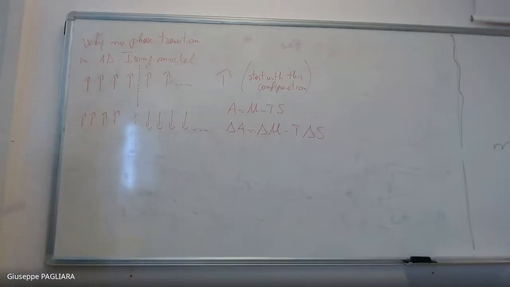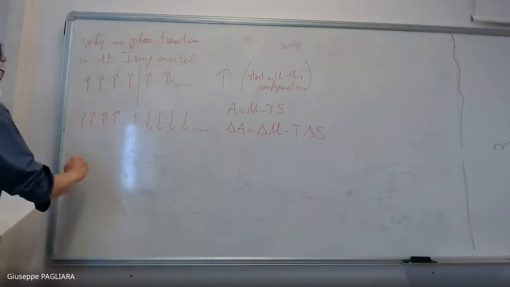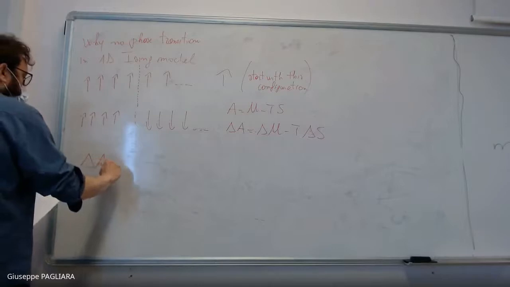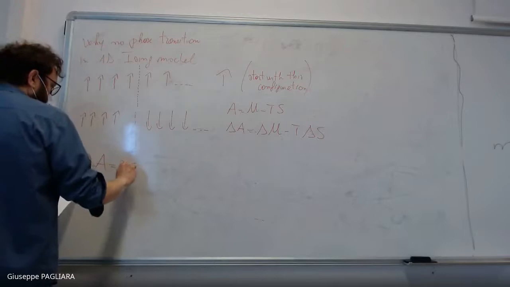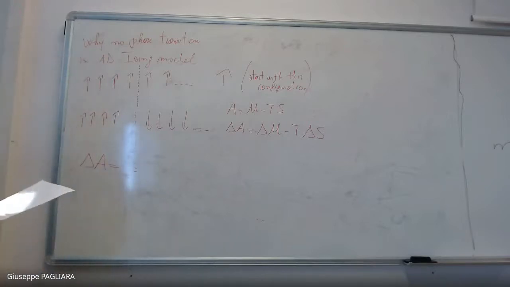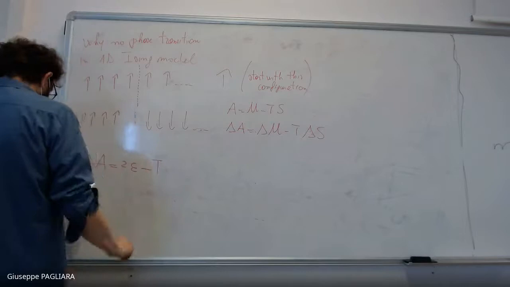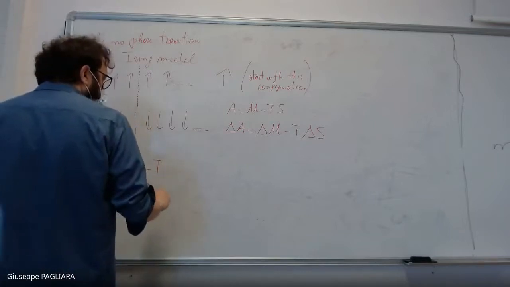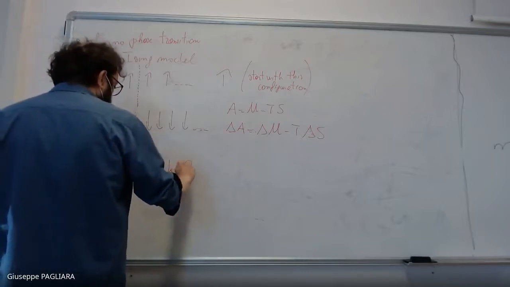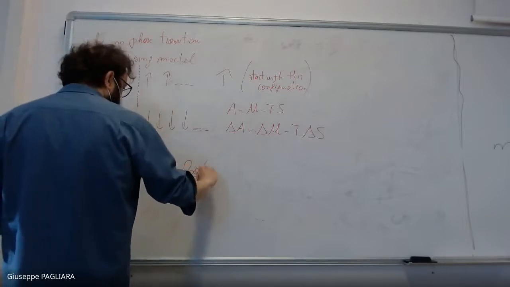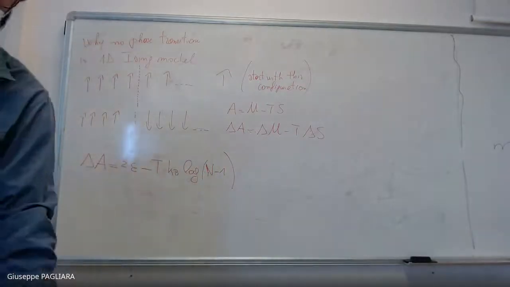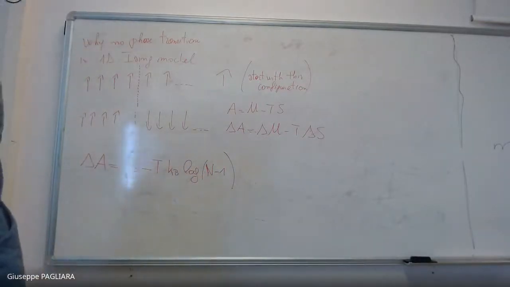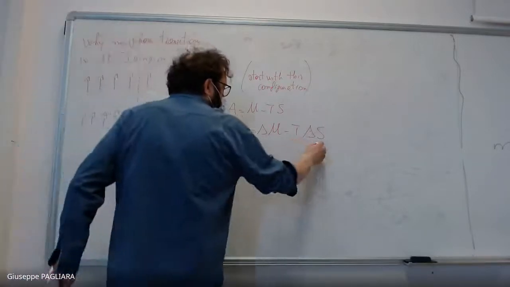Now it's easy to convince oneself that delta A, and we will show why it's like that, is equal to delta U, which in this case is just 2 epsilon, minus T times k_B log of N minus 1. Now let me explain why here we have the log of N minus 1. So this is the variation of entropy.